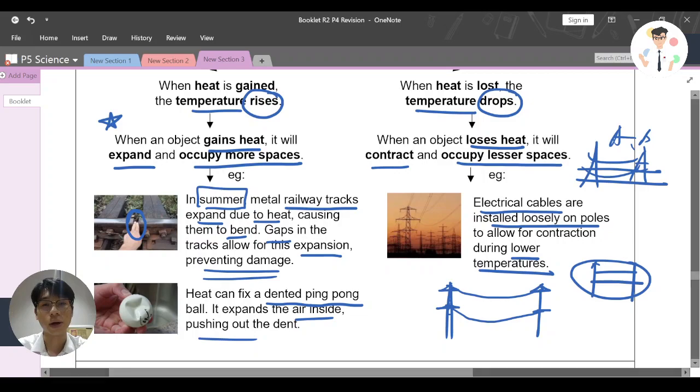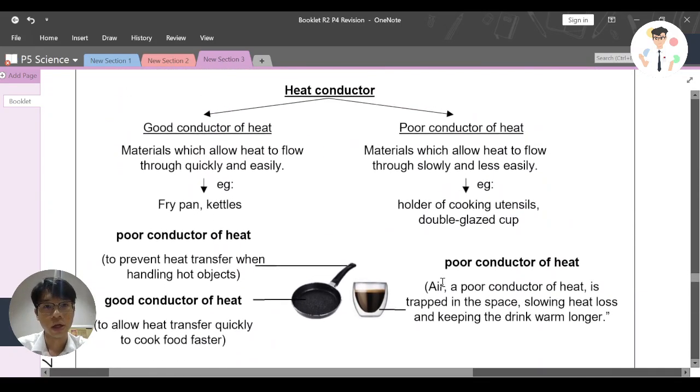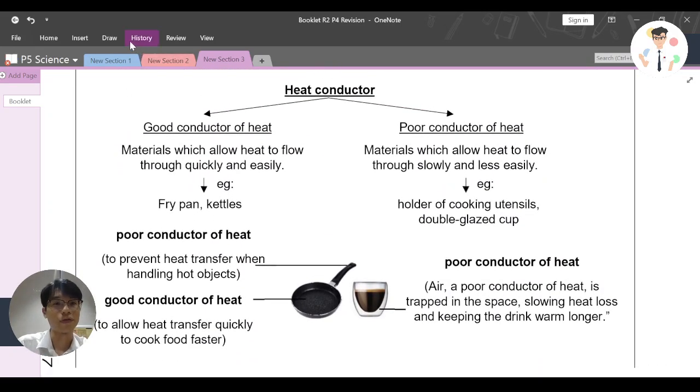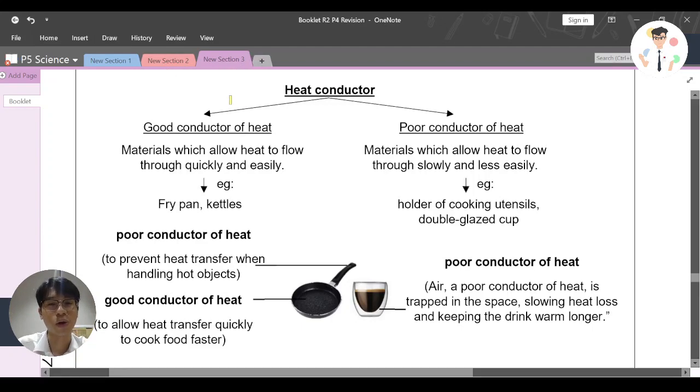Let's move on and talk about heat conductors. Heat conductors are materials that allow heat to transfer. There are two different kinds: a good conductor of heat and a poor conductor of heat. A good conductor of heat is a material that allows heat to flow through very quickly and very easily.